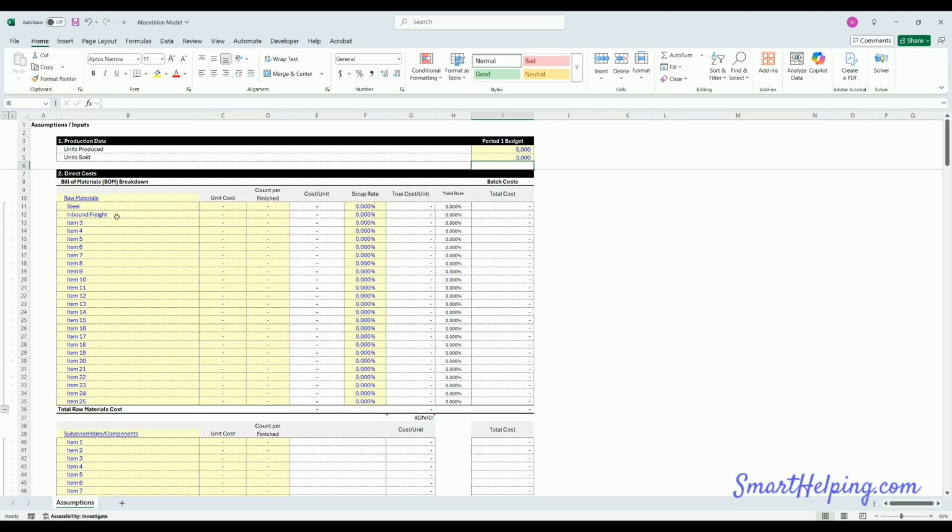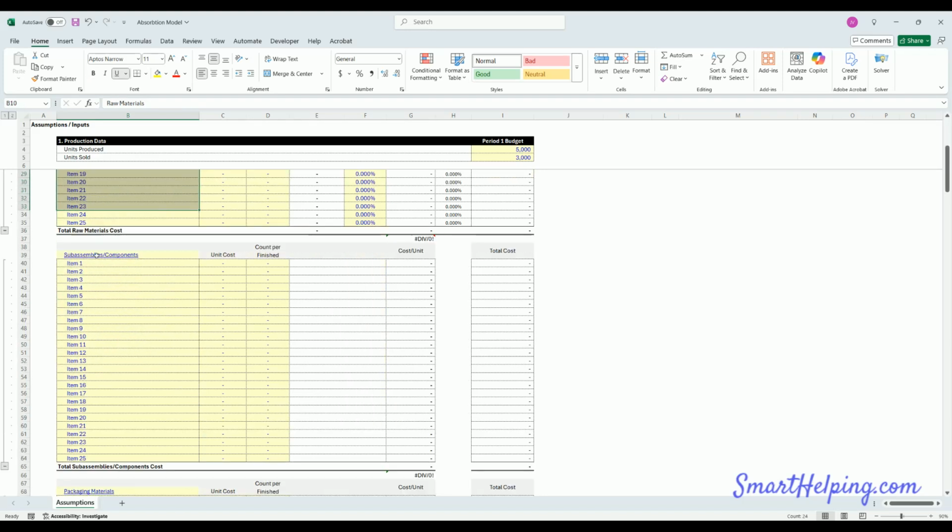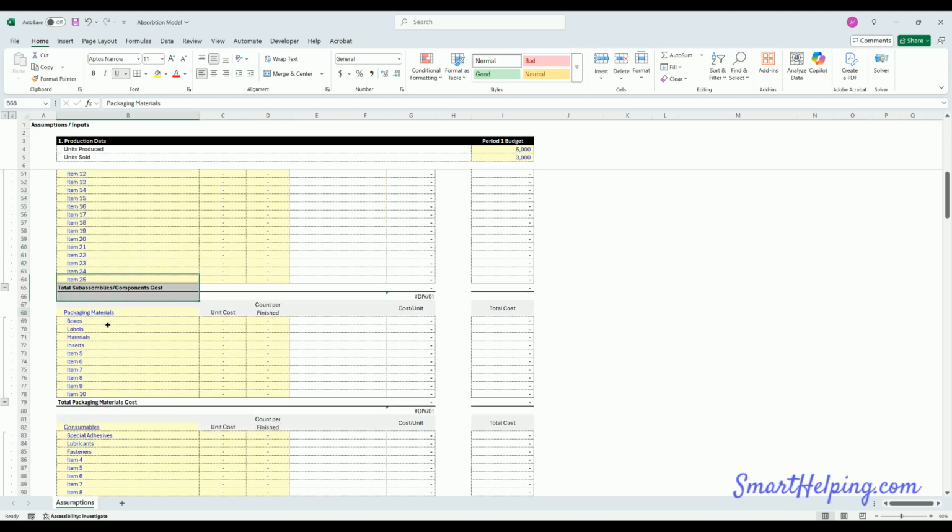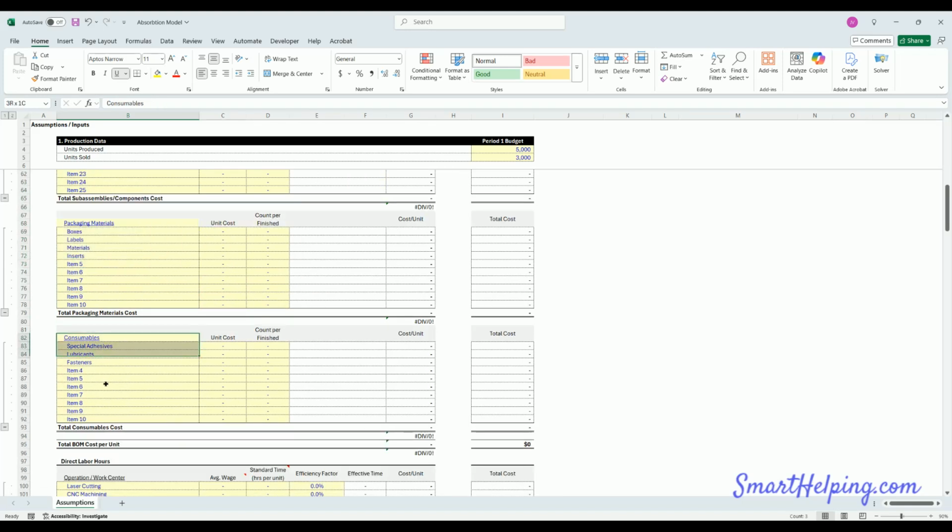Okay, now the first part of absorption costing, you're going to look at direct costs. And within the direct cost section, we have a bill of materials breakdown. And we break down bill of materials based on a set of raw materials, if relevant, sub-assemblies and components, packaging materials, and consumables.